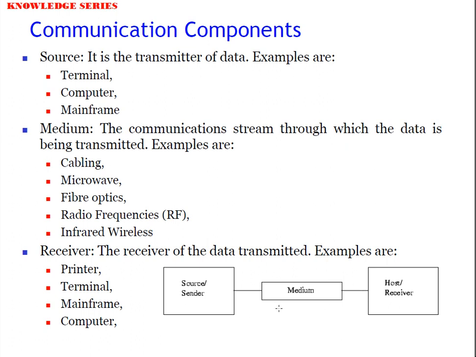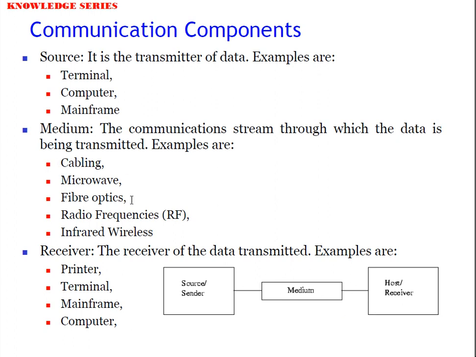Medium may be a wired medium or a wireless medium. A cable is a wired medium. Microwave, a radio signal, is a wireless medium. Fiber optics is a wired medium. Radio frequency is a wireless medium. Infrared wireless, all these things are nothing but a medium through which our signal has to pass.